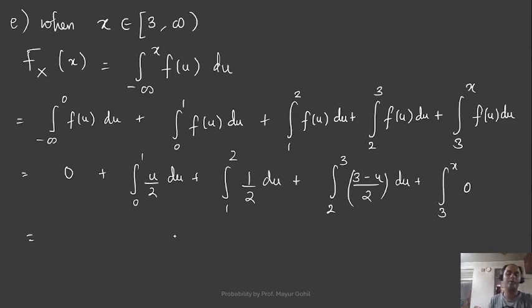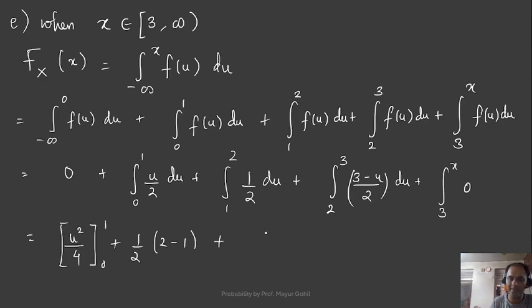Here u over 2 integrates to u square by 4 from 0 to 1, and here it is half, from 2 minus 1 you will get here. Here you will have 3 minus u over 2 the whole square over minus 1, and it is from 2 to 3, that's the integration.